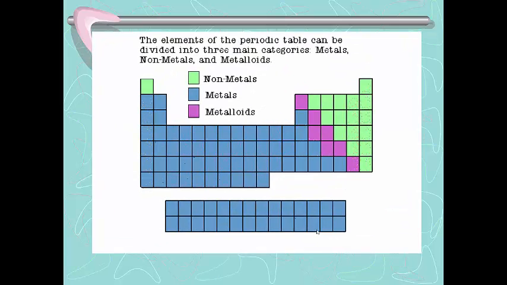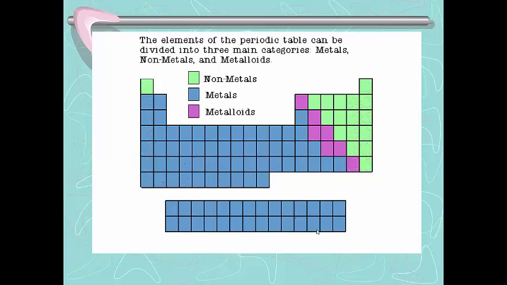So if you're looking at a periodic table, which we will actually color tomorrow like this, it'll be divided into 3 main categories. You have your metals, nonmetals, and metalloids. If you're looking here at this periodic table, your nonmetals are that light green color. Your metals is where you see the blue, and your metalloids will be found where the purple is.